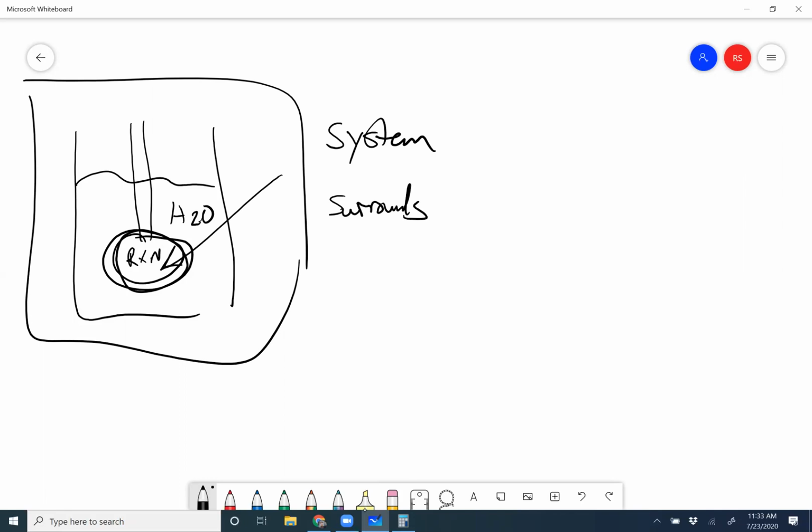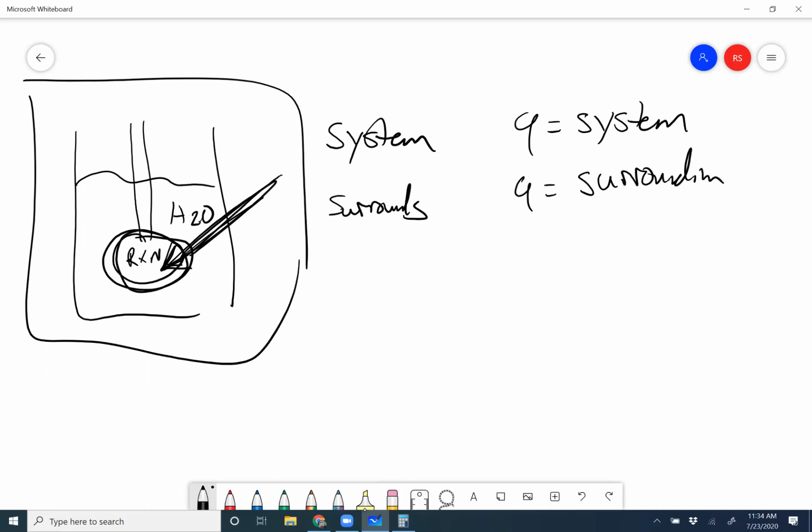So if we control the system by isolating it, and we then control the surroundings by making it water or something else that we know the properties of, then we can say the amount of energy that will be produced in the system will then have to be given to the amount of energy in the surroundings.